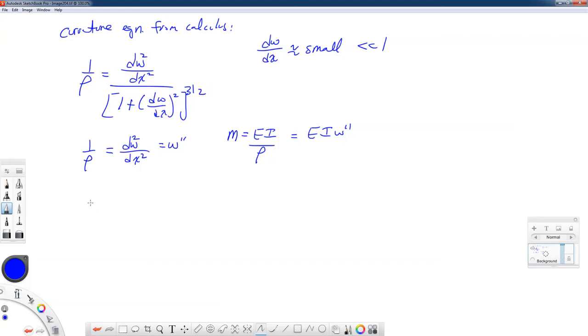But if we want, we can write this in terms of a distributed load. We know that the shear force in the beam is equal to the derivative of the moment equation with respect to x. We know that the distributed load is equal to the derivative of the shear force in the beam with respect to x. And because of that, we can write this as the second derivative of M with respect to x.